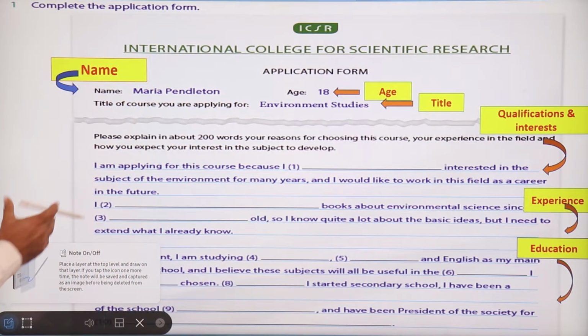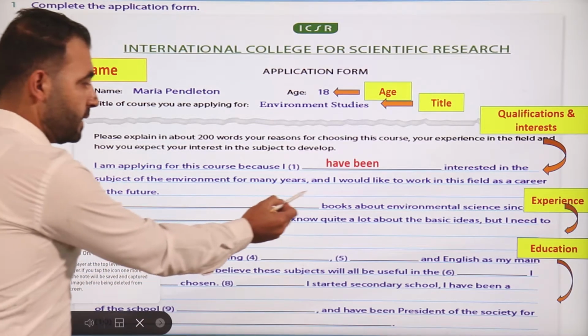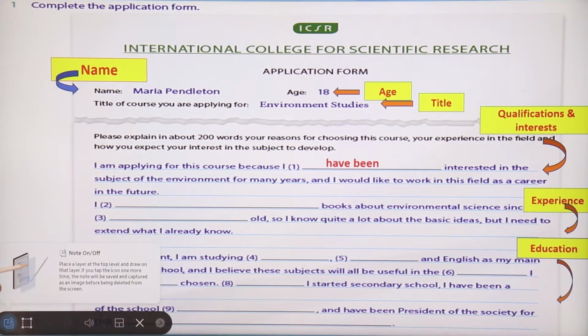It's good to start with, I'm applying for this course because I have been interested in the subject of the environment for many years, and I'd like to work in this field as a career in the future. That's his interest or qualification.